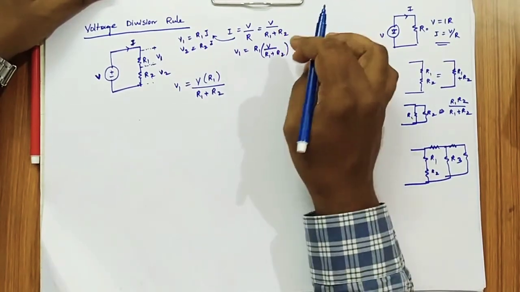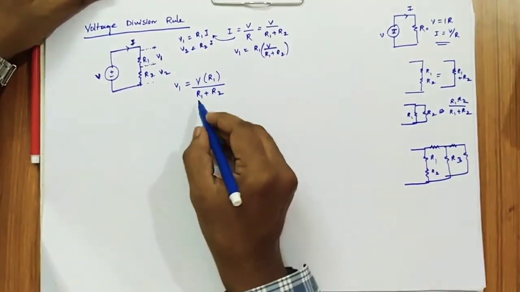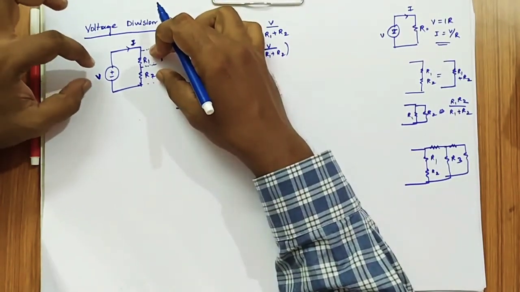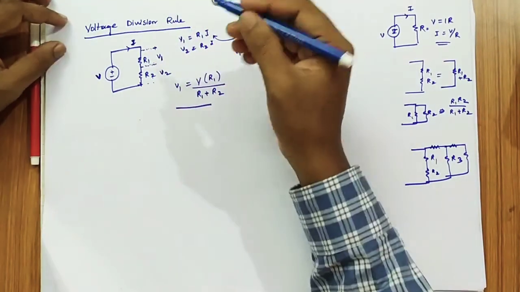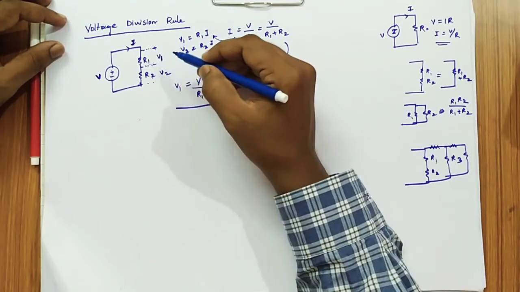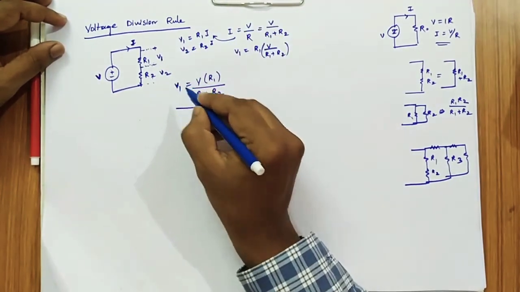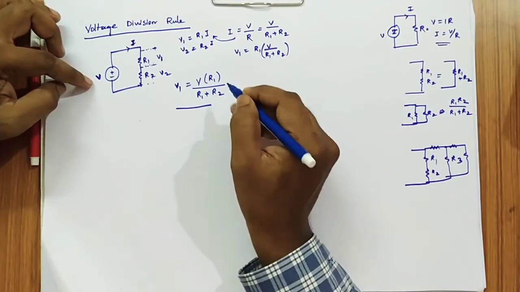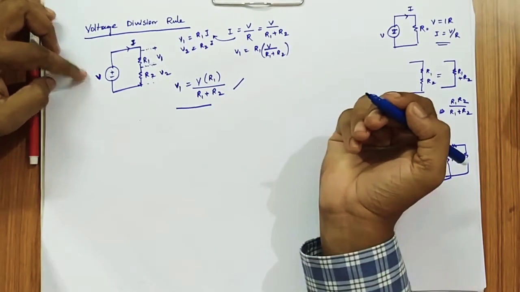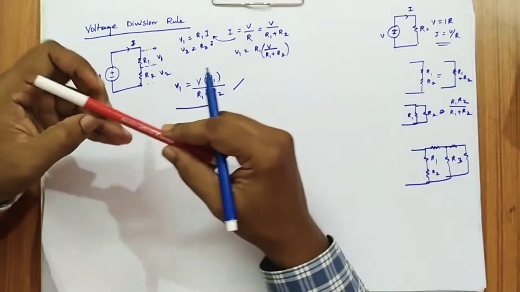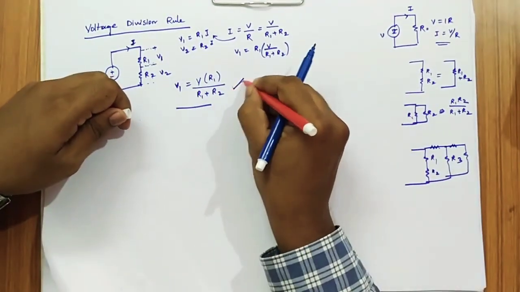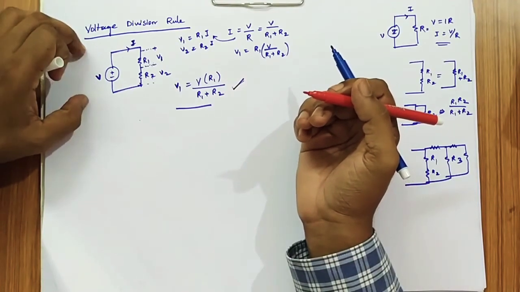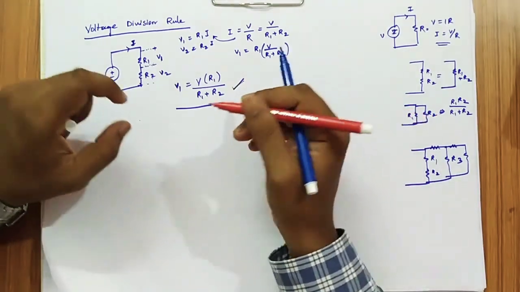You need not understand the derivation, but primarily you need to know that when two resistors are connected in series with a voltage source V, the voltage across R1 equals supply voltage V into R1 by R1 plus R2. We use this equation in multiple ways, not only in basic electrical circuit analysis but also in more complicated topics like transients.